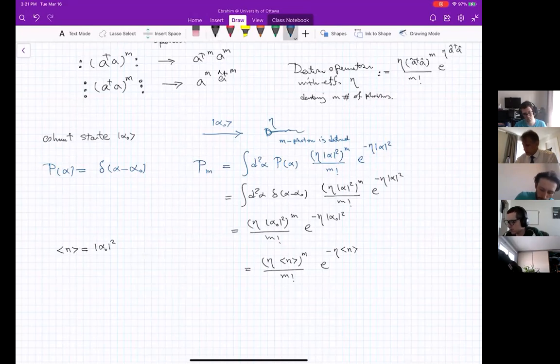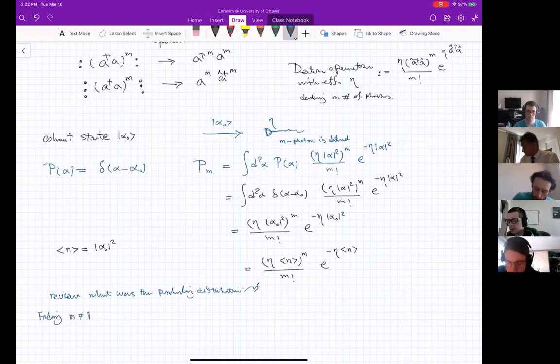Let's look back to review what was the probability distribution of finding m photons in a coherent state, or in the coherent state of alpha 0.